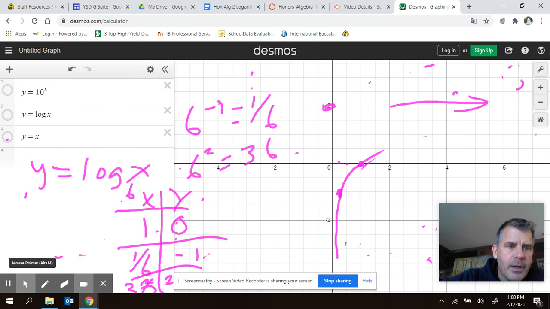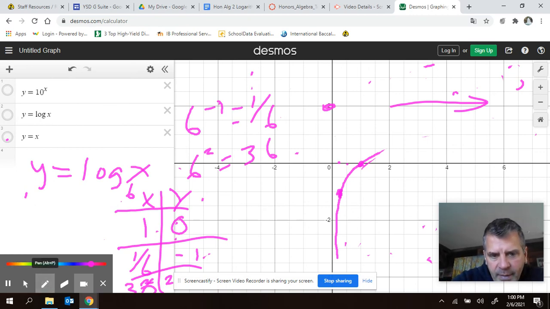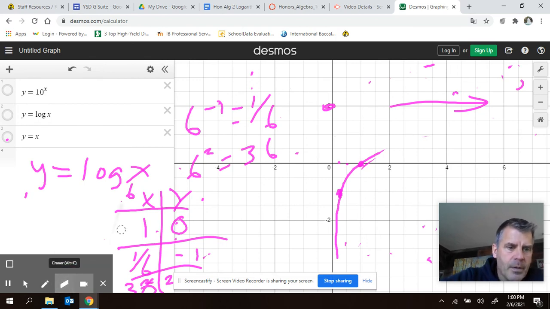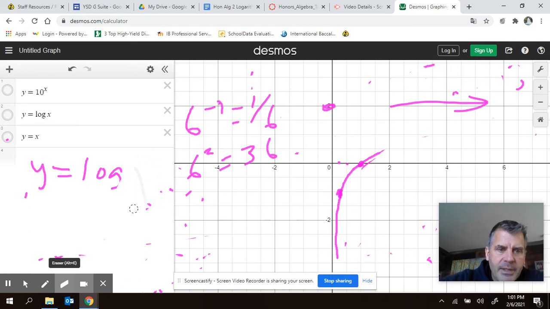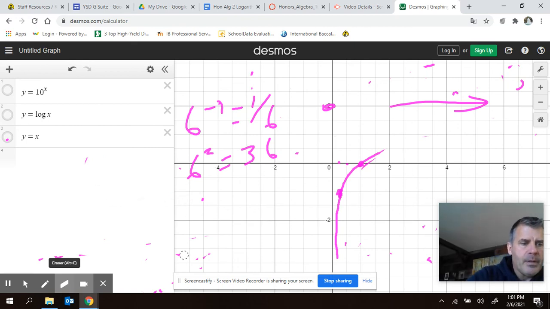If I move this up, oh yeah, it doesn't even move up. Sorry guys, this is a train wreck. I apologize. Please bear with me. I should have made my table way over here. But let's just redo this.